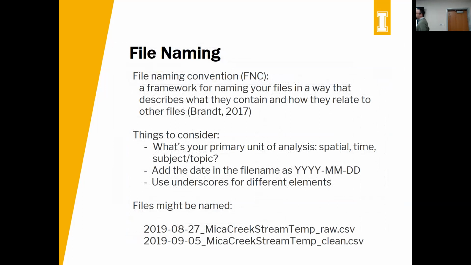So generally, and this is a little bit of what we were just talking about, file naming conventions can vary, certainly from individual to individual, but if you're working with a group of people, you all need to be on the same page about how you're going to name things, because otherwise you're going to end up all over the place. So the things to think about are how you are organizing your data.